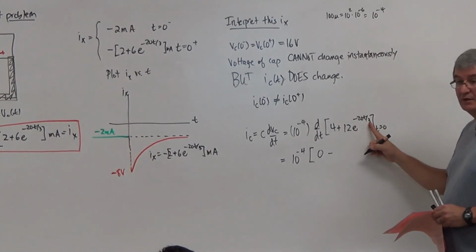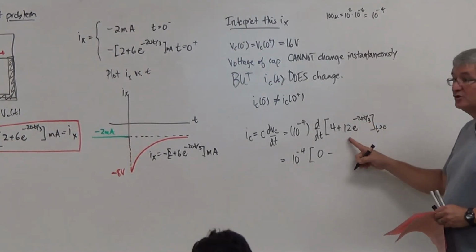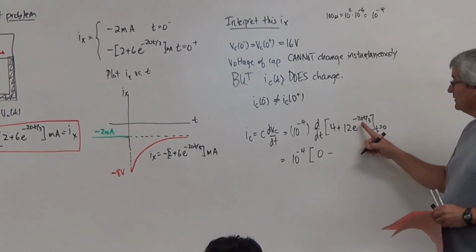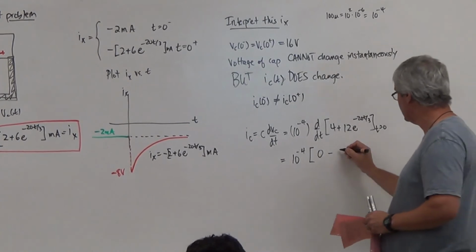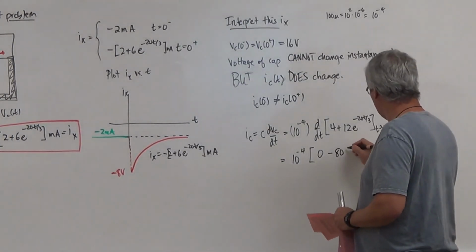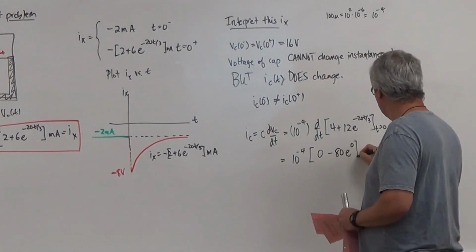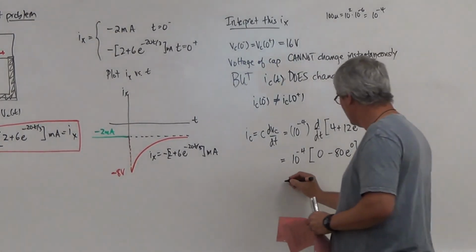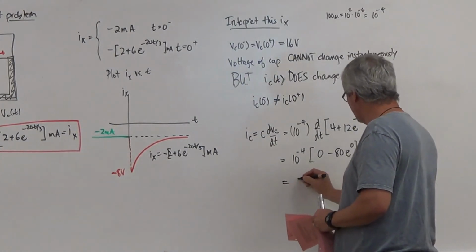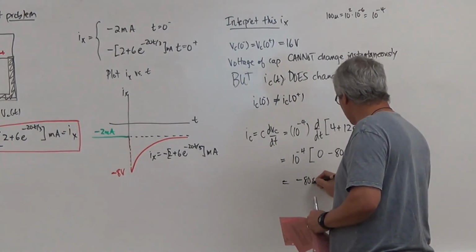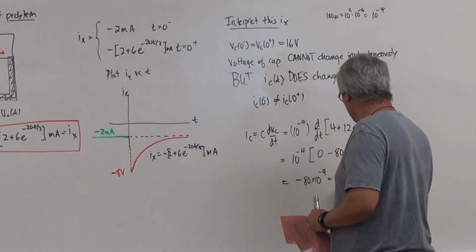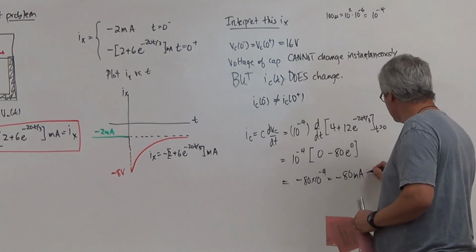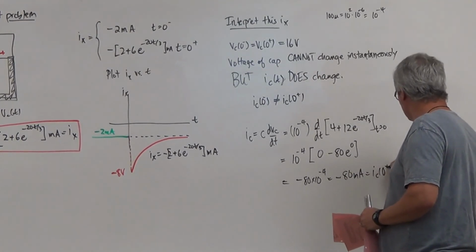That 3 divided into 12 gives me 4, and 4 times 20 gives me 80. Then e to the power of 0 gives me 1. So this current is 80 times 10 to the negative 4, which is the same as minus 80 milliamps for the current of the capacitor at 0 plus.